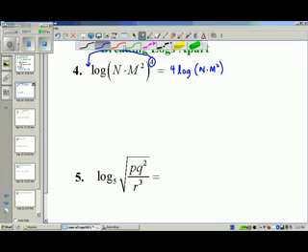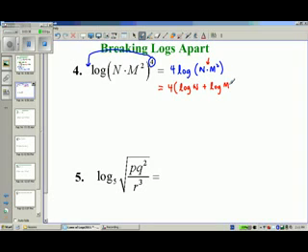Well, now when I take a look at the big picture here, I basically have a product. So I'm going to use the first rule that says I can split this into 4. I'm going to need parentheses here because it's going to be log of n plus log of m squared. So I'm using rule number 1 there.